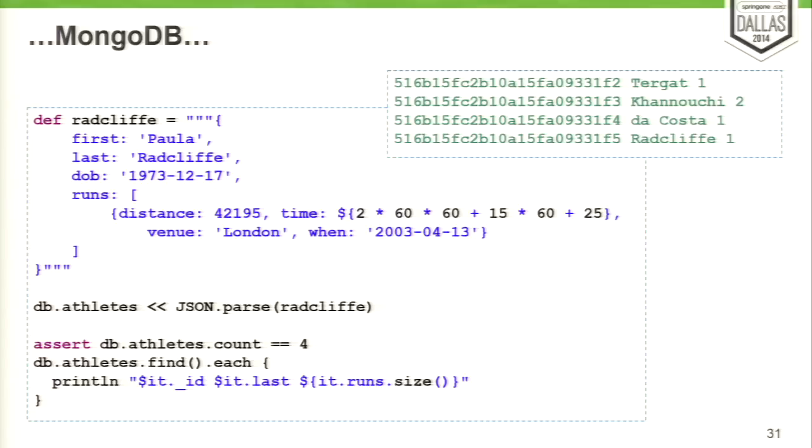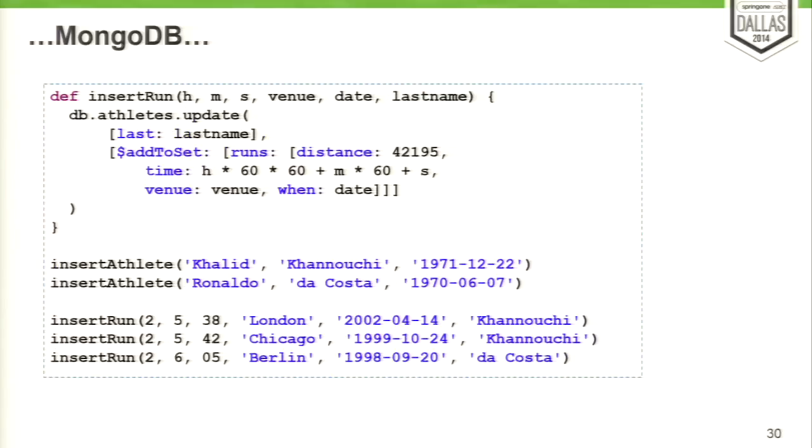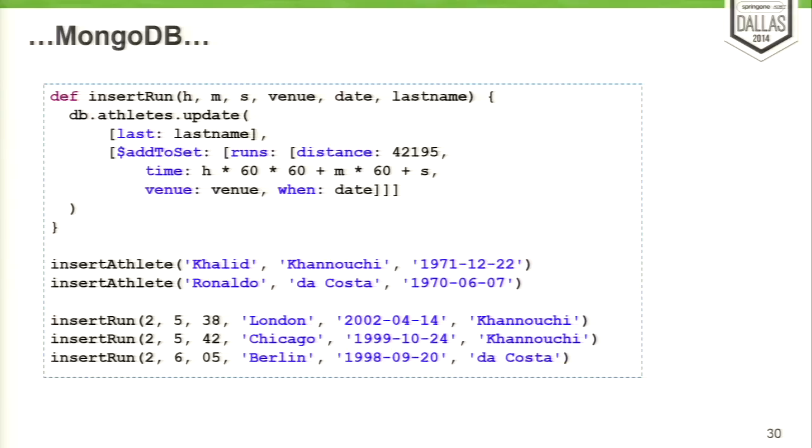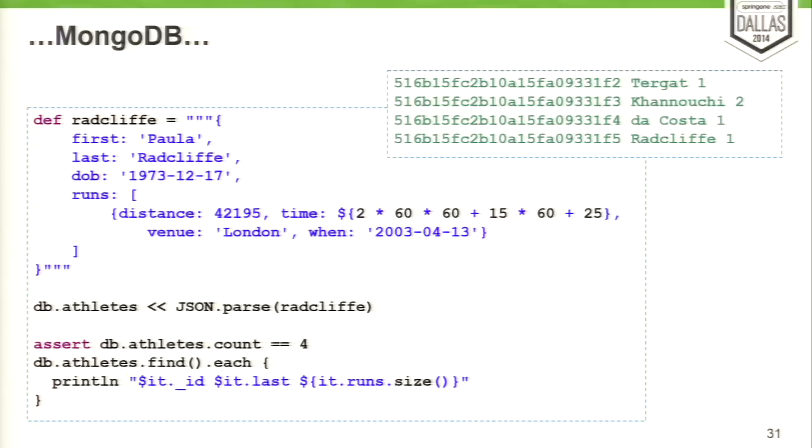Now, because I added one athlete manually, two using insert athlete, and one using JSON, we should have four athletes in my database. So I can go to athletes and get the count of documents. Those are the big blobs, which are the athletes. If I want to, I can go down and see how many runs the athletes have, in our case all of them, in my database.